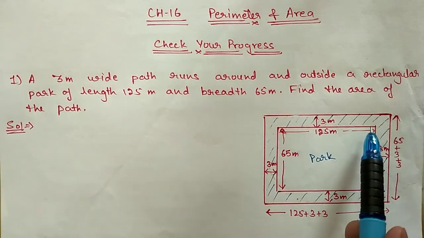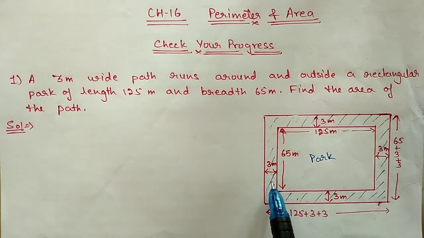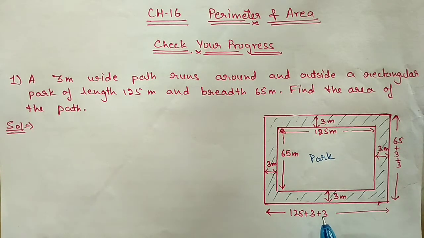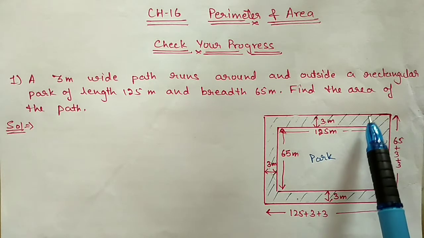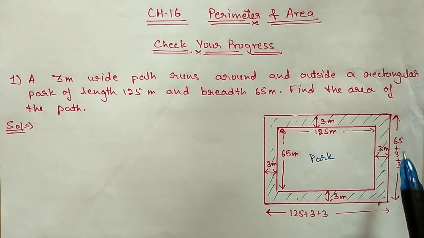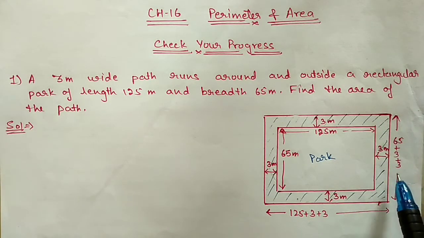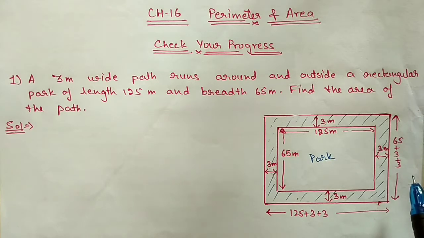Here to here it is 125 meter. So this side 3 meter and this side 3 meter. So 125 plus 3 will become 131 meter. Similarly for breadth, this side 3 and this side 3 we will add. So 65 plus 3, it will become 71 meter.